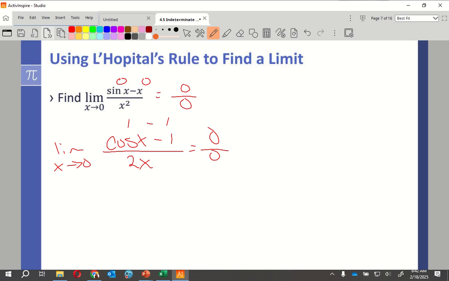Alright, so now another derivative, second derivative. Derivative of cosine is negative sine x. That just goes to 0, right? Over derivative of 2x, which is 2. Now, what is sine at 0? 0.